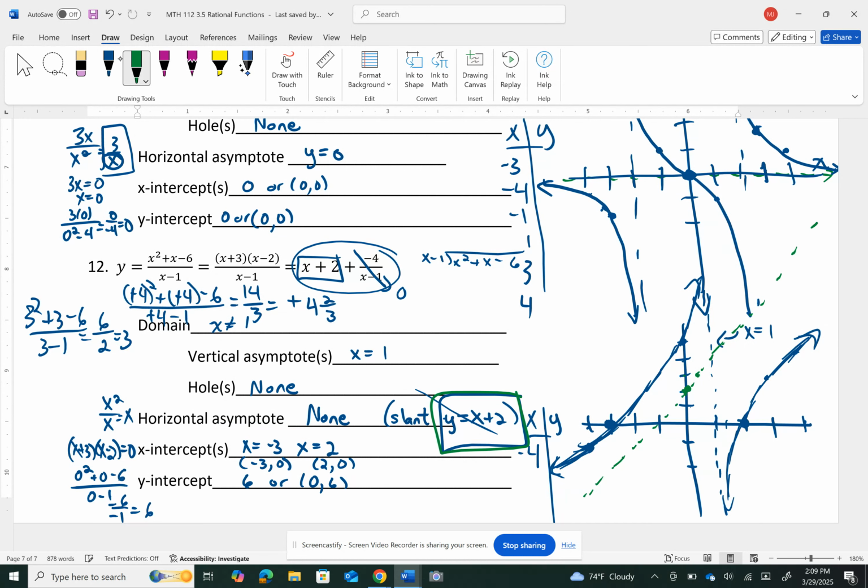And so what's really going to happen is this function is going to start getting closer and closer and closer to that as we pick numbers. It'll start approaching it that way, and then this way it starts getting closer and closer to the asymptote. Okay, I just wanted to show you one of those, even though you don't really have to do the ones that have slant asymptotes.